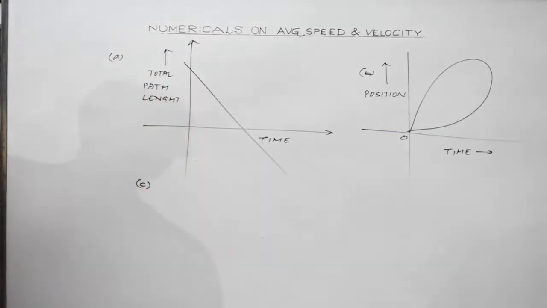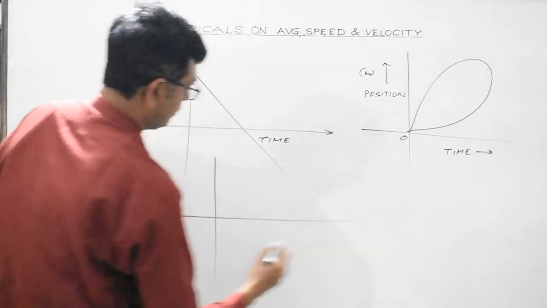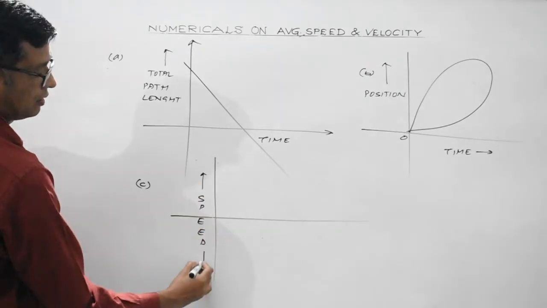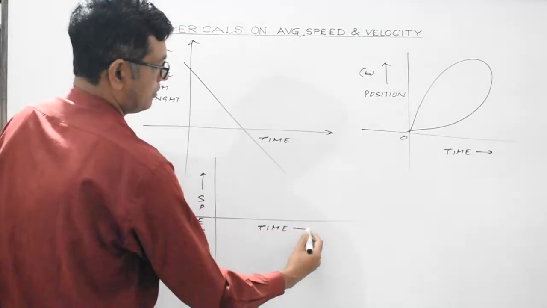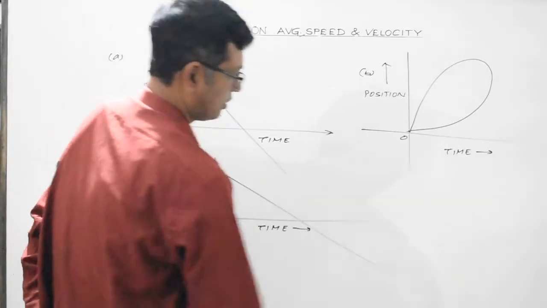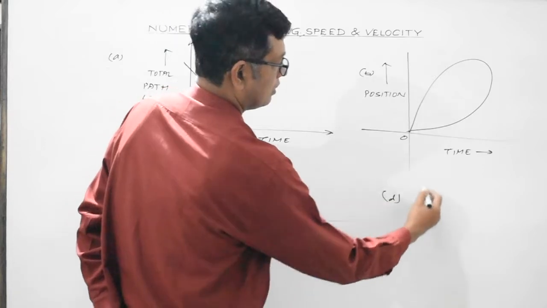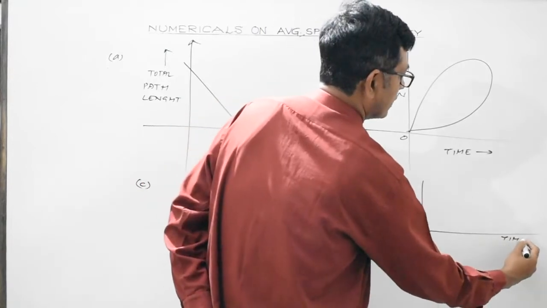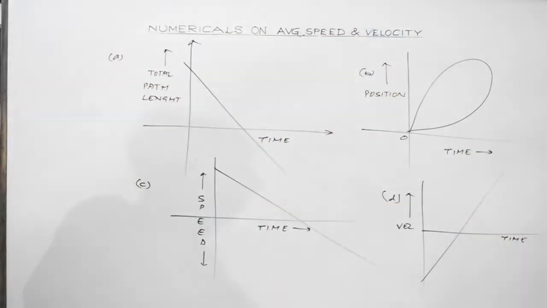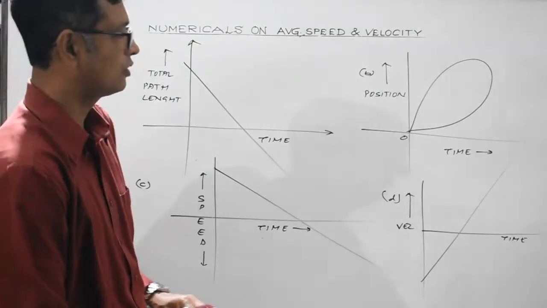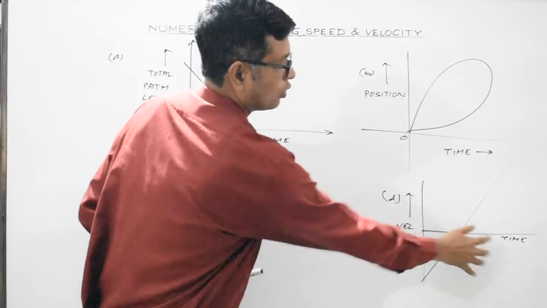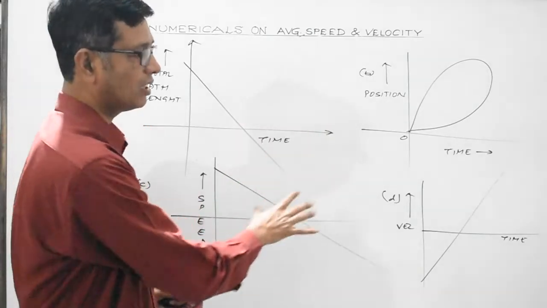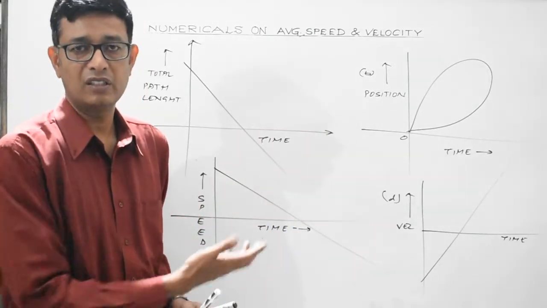Third, suppose this is speed and this is time. Right? And fourth is, suppose it's velocity and this is time. So, these are the graphs between different physical quantities, right? We are supposed to check whether these graphs are practically feasible or not, whether these graphs are valid or not.